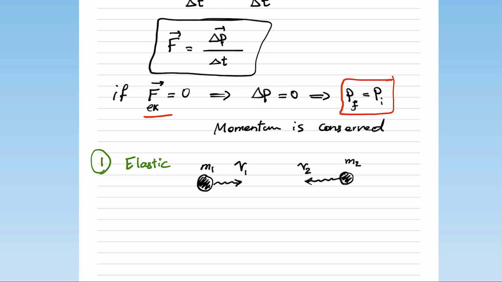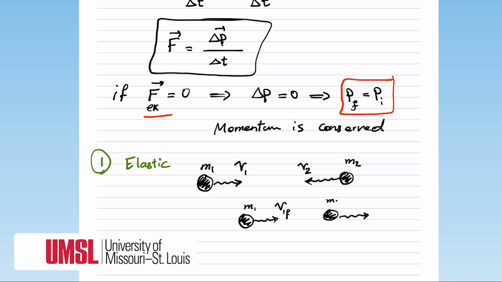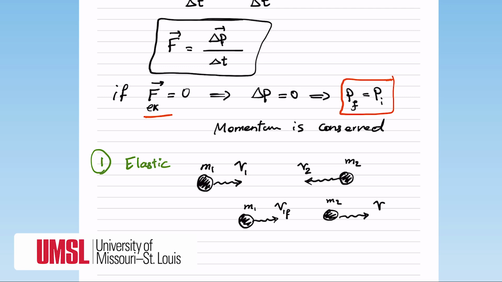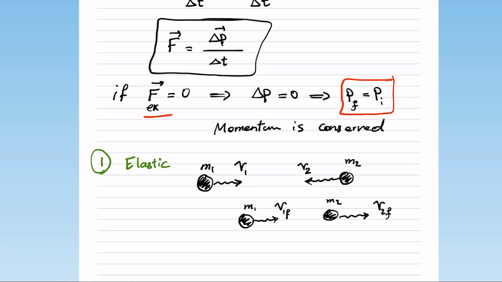They collide with each other, okay? And M1 will have V1 final. And let's say that M2 is going in the opposite direction, V2 final. All right, so I'm going to label them final and initial. So this is final. All right, and these are initial.